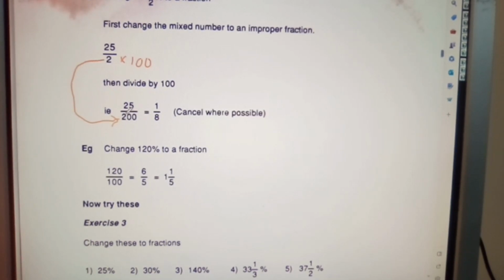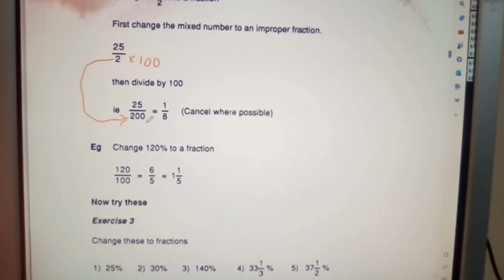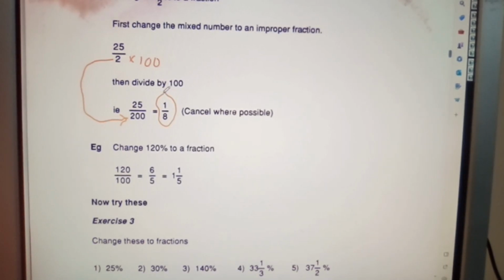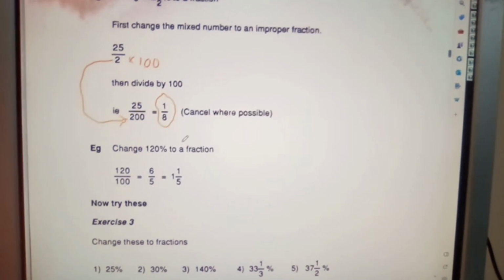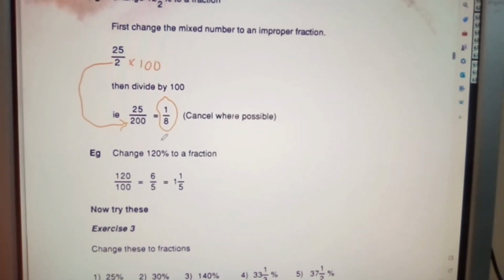And then that's what gives you this here. Then you simply cancel down, and that will be your end result. Now again, do this for yourself, so you'll have your own learning style and you apply your method of learning for yourself.